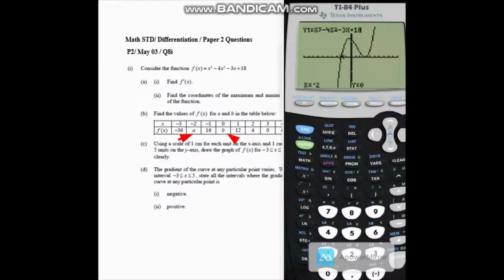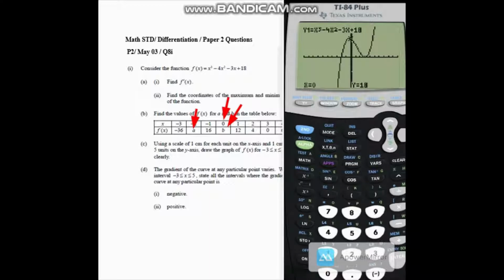Hence the value of A is 0. To get the value of B, I shall repeat the procedure with x equals 0. Second, trace, value, x equals 0. And this tells me that the value of B is 18. So the value of A is 0 and the value of B is 18.